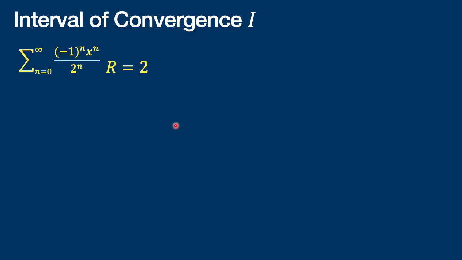How are we going to find the interval of convergence after R is 2? If the radius of convergence is 2, we know the interval is absolute value of x less than 2, which means 0 is the center.